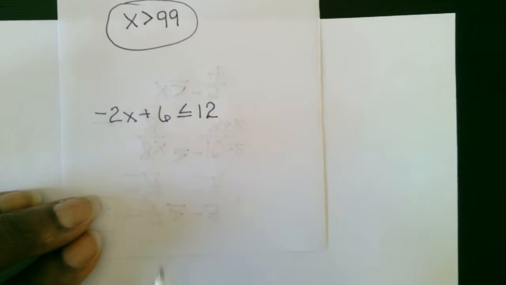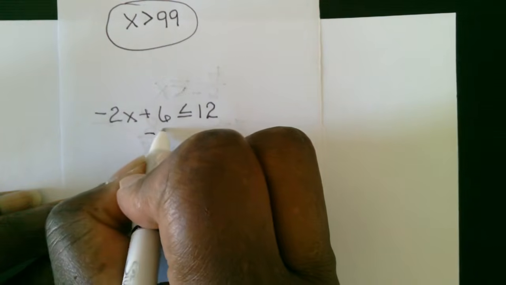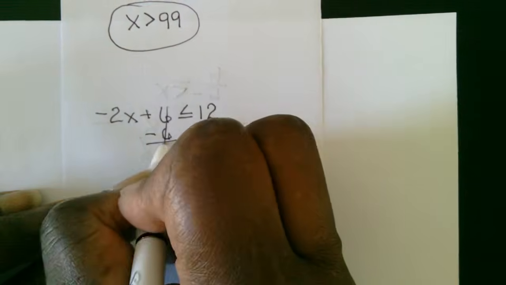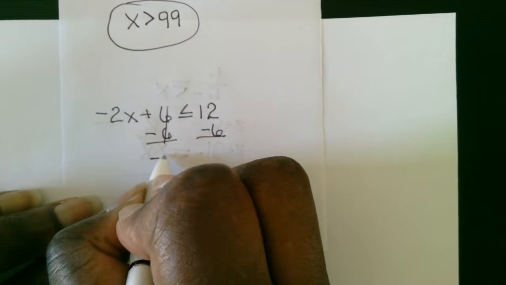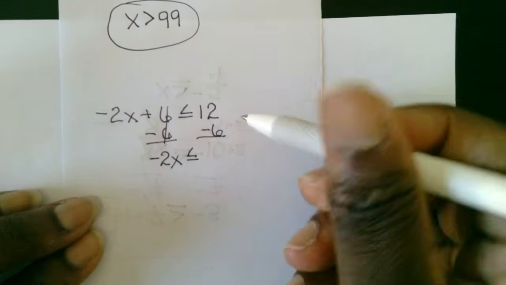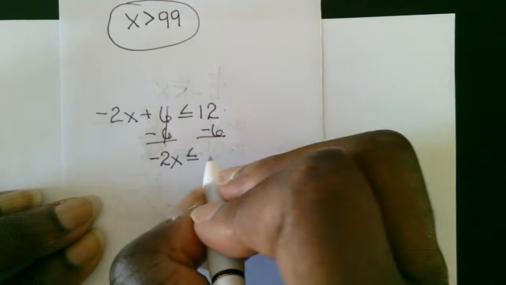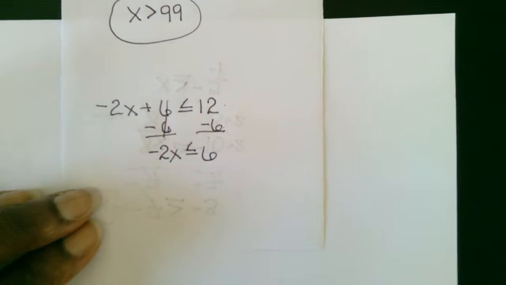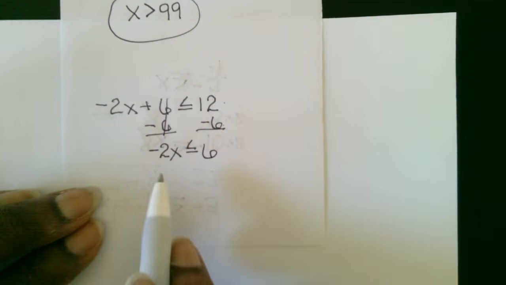So if I'm solving this, I'm going to first subtract the 6 on both sides. What comes down is my negative 2x is less than or equal to 12 minus 6, which gives me 6. Alright? So now I want to get x by itself.